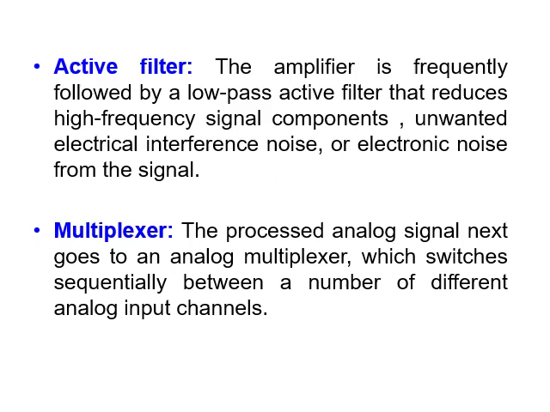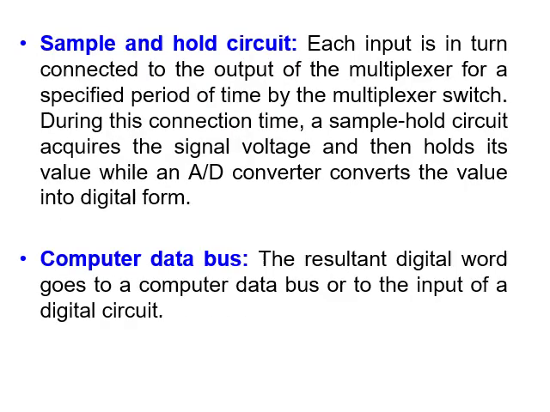Active filter is removing the noise from the measured signal, and the multiplexer, I discussed it just now, it's just joining the signals. Sample and hold is to convert the signal from its analog form to discrete values proportional to the analog signal as a preparation for the analog to digital converter. It's coming in the coming weeks.